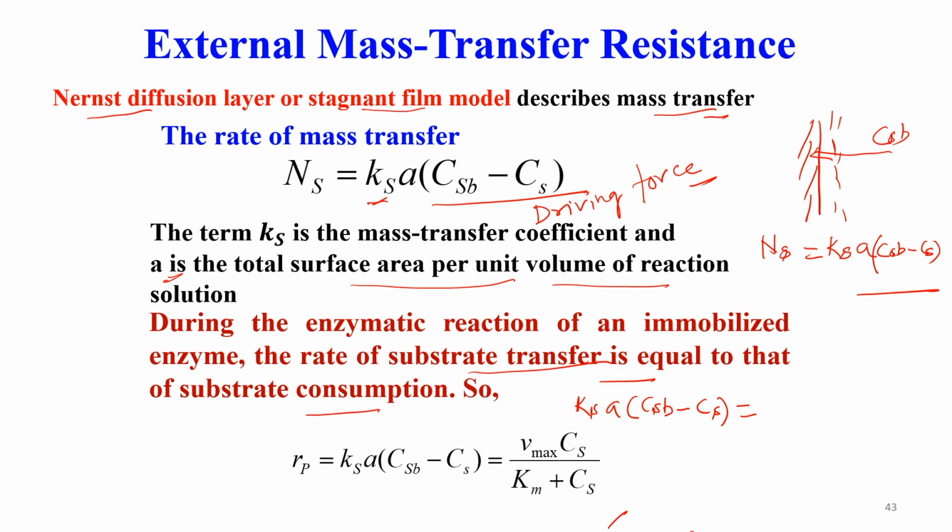Let us assume it follows the Michaelis-Menten equation, so the substrate consumption rate will be Vmax Cs upon Km plus Cs. Why are we writing Cs here? Because Cs is what reaches the enzyme surface for the reaction. CSB is not directly coming for the enzymatic reaction.